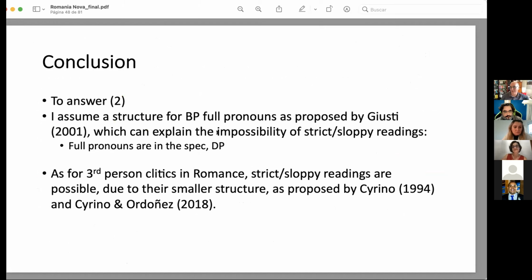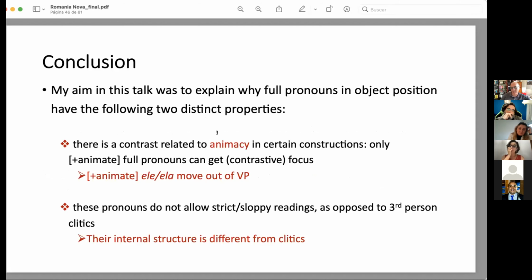Thanks, Sonia. Obviously, I agree with your conclusions. And it's interesting, this whole literature. The issue that you're bringing here with demonstratives, which is very interesting, is that demonstratives do not allow sloppy readings, which makes sense in this respect.